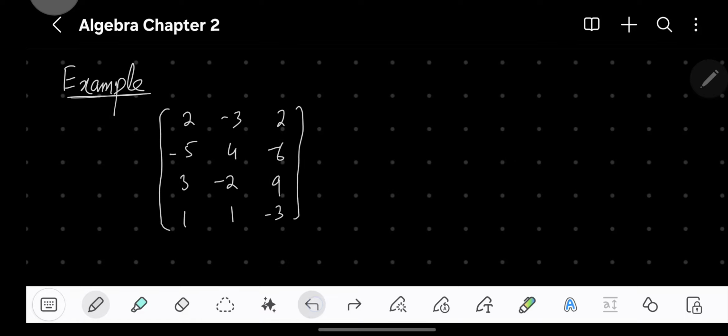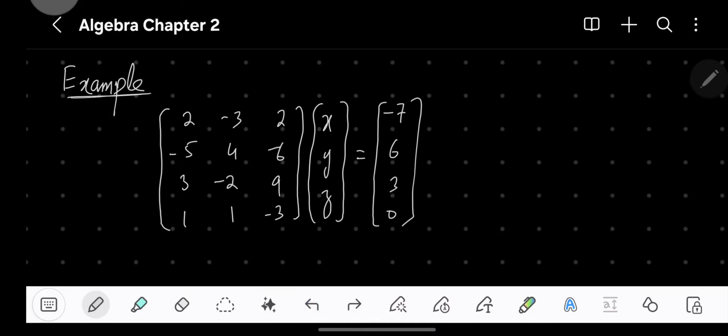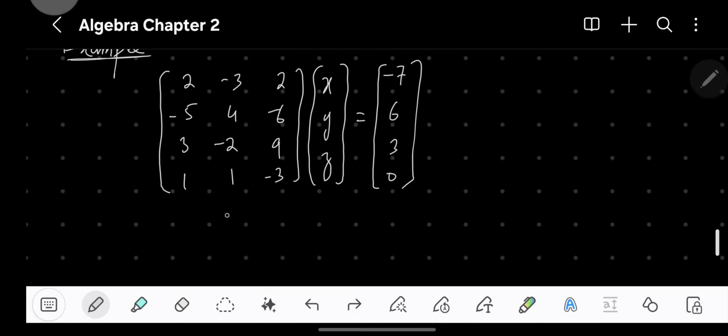In this example we are given a matrix, the variable matrix, and the constant matrix. You know, this is A, this is X, this is B, because I told you we have AX equal to B. So we are given both matrices which are required, the first one is A, the second one is B. The variable matrix is not important for us.